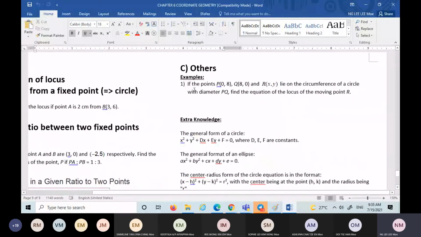We look at this example. Afterwards you can copy this one. PQR lies on the circumference of a circle with diameter PQ. Find the equation of the locus of the moving point R.